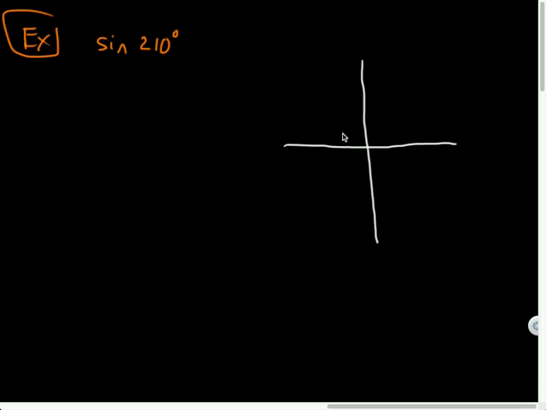Drawing a picture is a great idea. First of all, which quadrant is 210 in? Third. It's bigger than 180. How much bigger than 180 is it? By like 30 degrees. So I'm drawing an angle. Maybe it's like this. So here's my 210 degree angle.